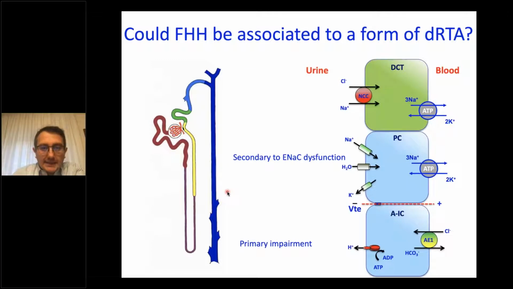So we were asking whether these mice, because of the mutation per se, the Wink4 mutation, had a functional ENaC and proton pump. So we applied an amiloride test to see ENaC activity, and we also stimulated the proton pump function by applying an ammonium chloride load to these mice.